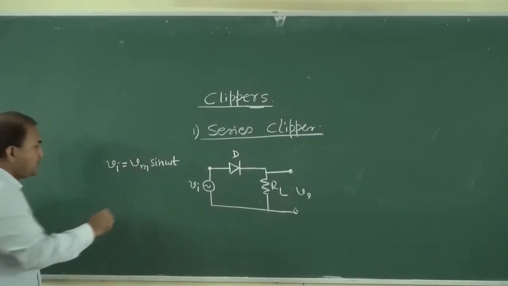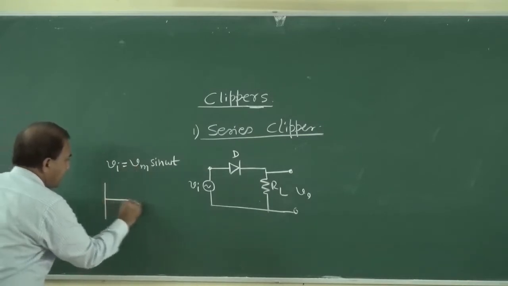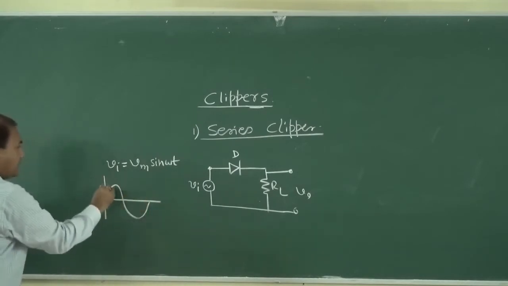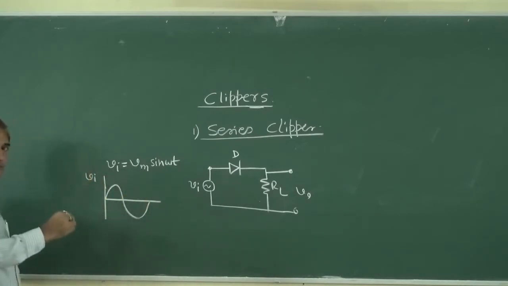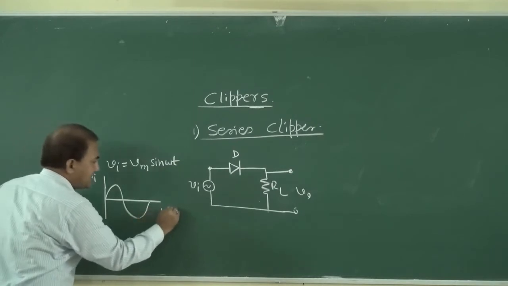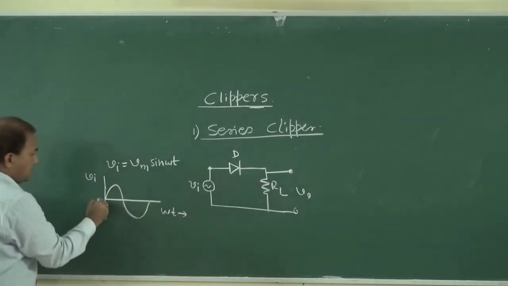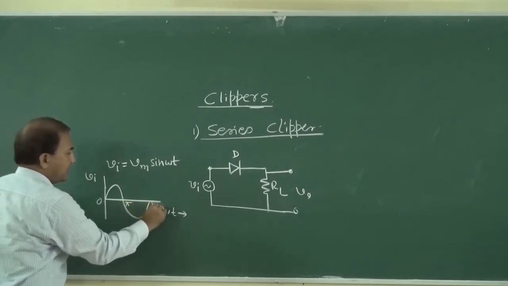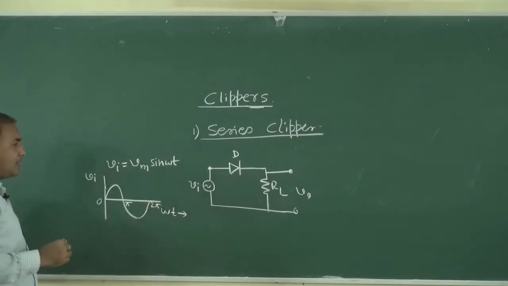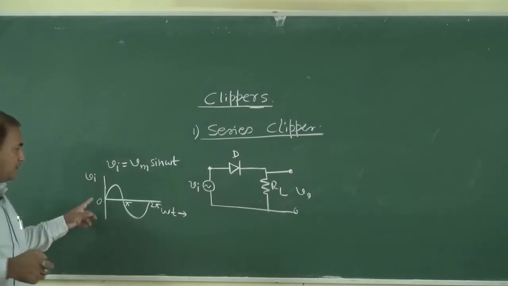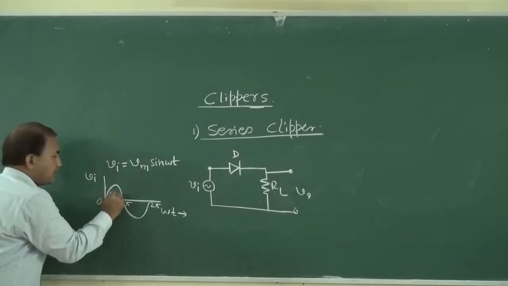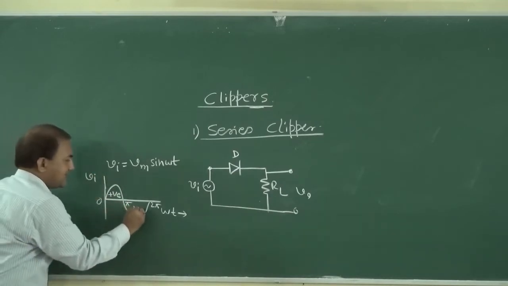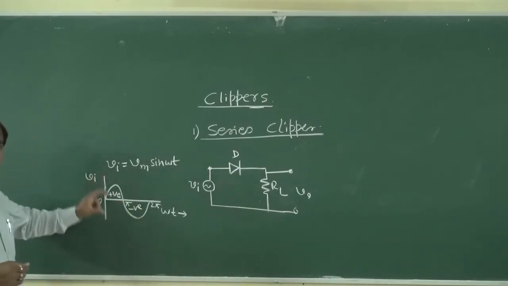Now we can draw the input waveform. Suppose this is Vi and this is omega t, with 0, pi, 2 pi. This is the positive part and this is the negative part of the input waveform.